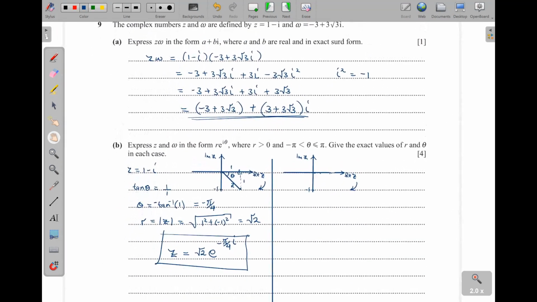So negative is on this other side for the real. Negative is this way. Let's say that is -3. And then we have 3 root of 3. So 3 root of 3 is actually up this way. So maybe that is 3 root 3. So it will be up here. Okay. So it is in the second quadrant. But this makes an angle here. Let's say it is alpha.